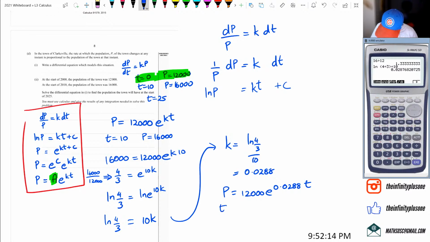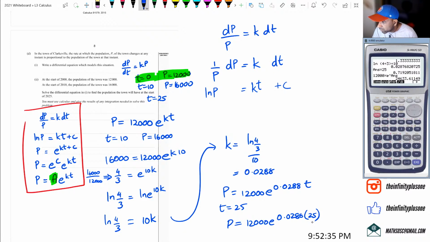So when t is equal to 25, p is equal to 12,000 e^(0.0288 times 25). I'm just going to leave this decimal here, so times it by 25, I'm going to get that. So I've got 12,000 multiplied by shift E of answer, which is going to give me 24,600.